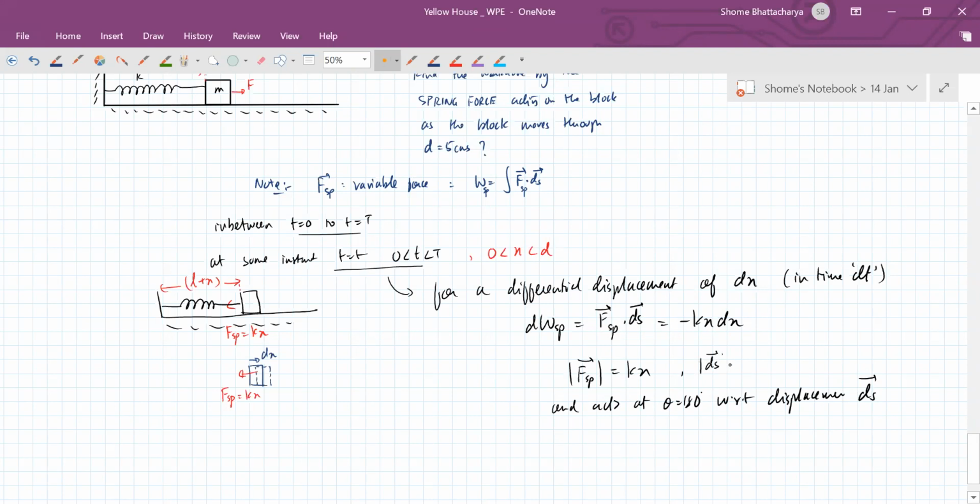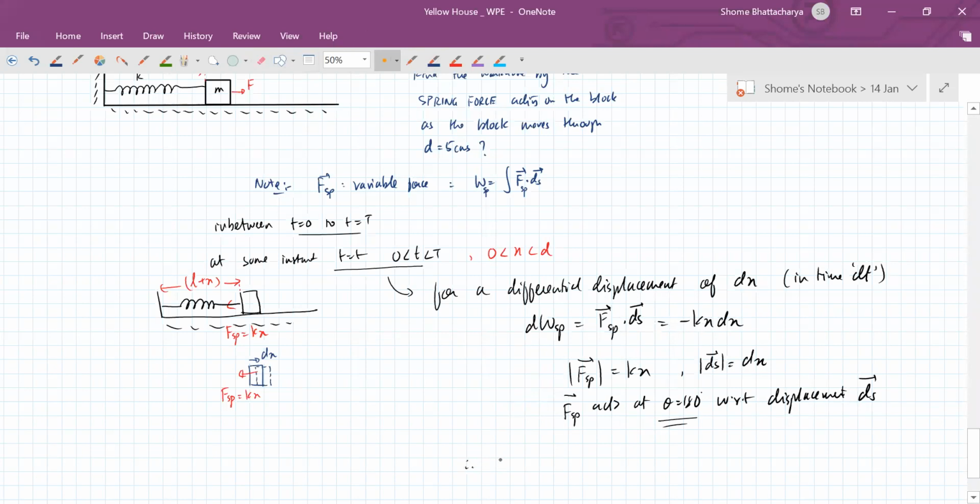The magnitude of that displacement is dx, but the force acts at 180 degrees with respect to the displacement. So this becomes minus kx dx like this.